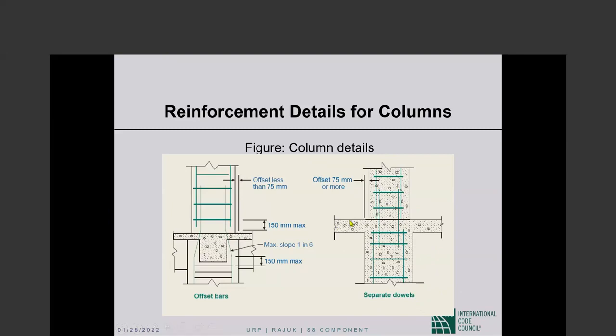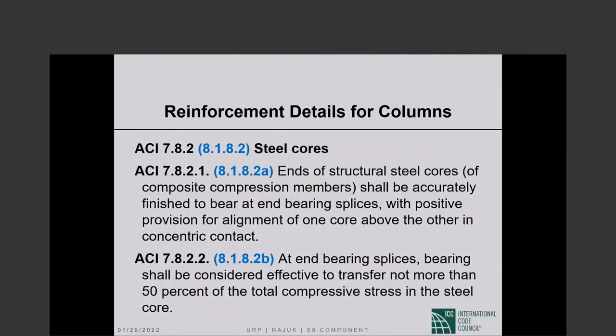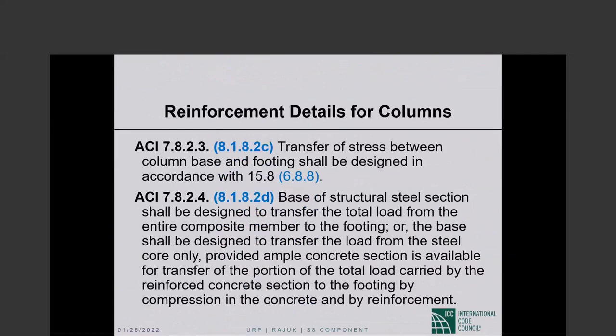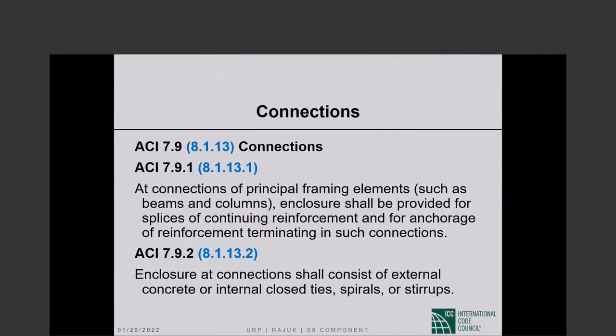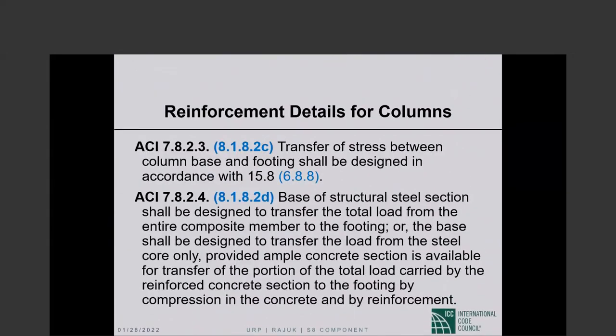So these details are obviously kind of important. The steel code has reference to composite columns, which I'm going to skip. I'll let you read. Composite columns are uncommon.